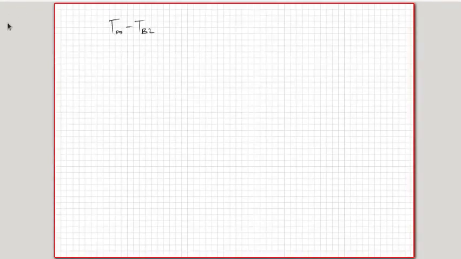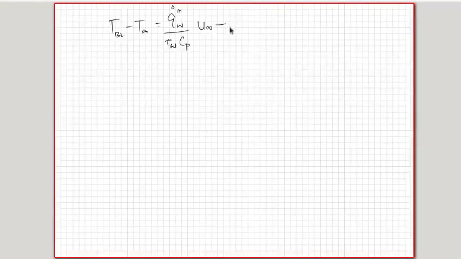Okay, so I'll then write without the minus sign q wall divided by tau wall Cp multiplied by u infinity minus uBL.